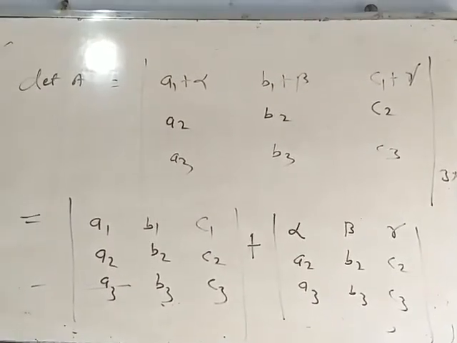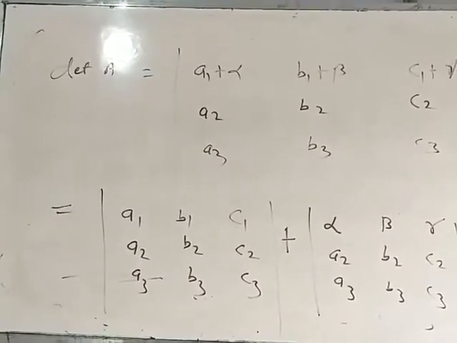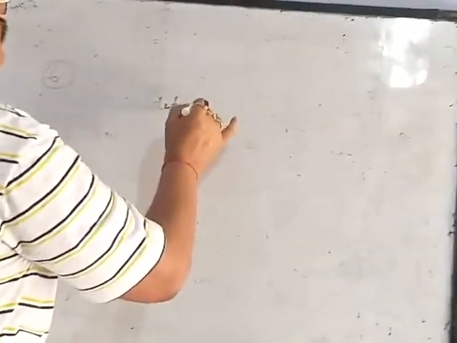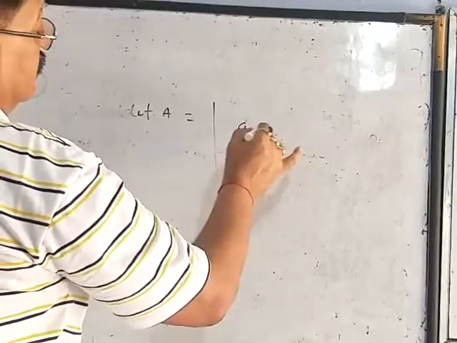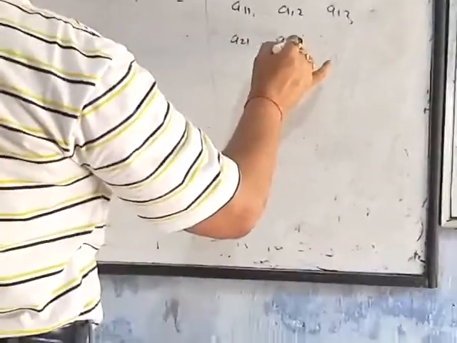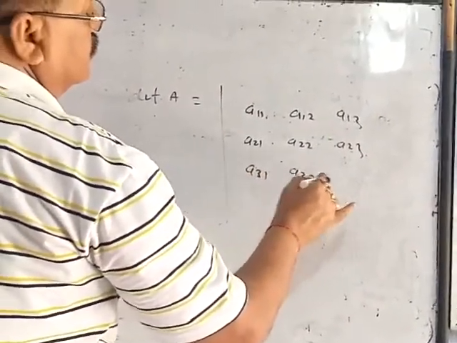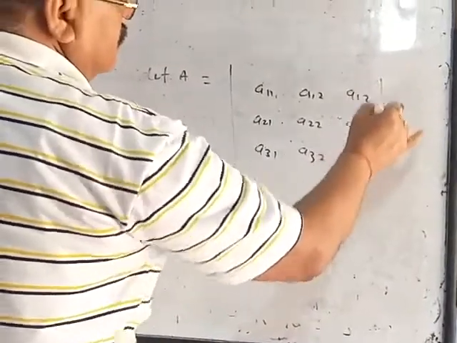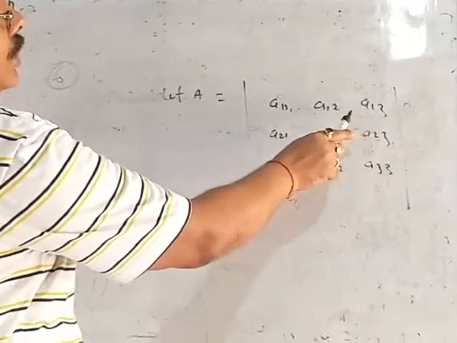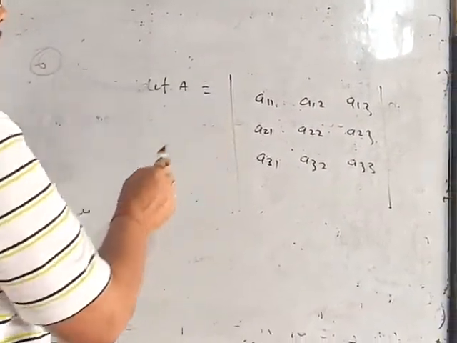Now student, the sixth property of determinant. It is A11, A12, A13, A21, A22, A23, A31, A32, A33. If each element of a row is multiplied by k, then this determinant will be divided by k.